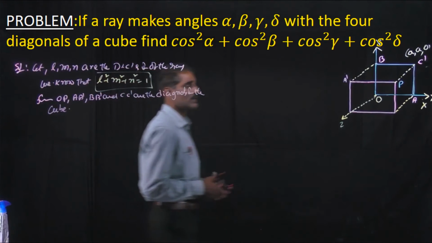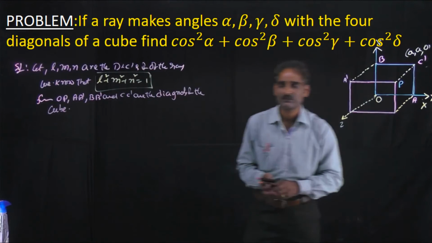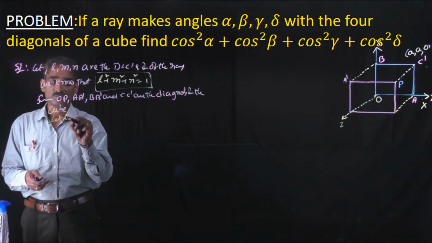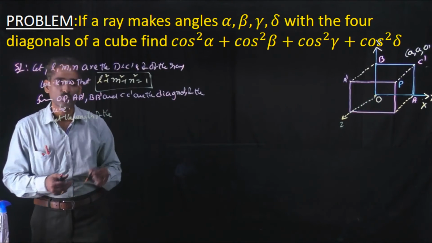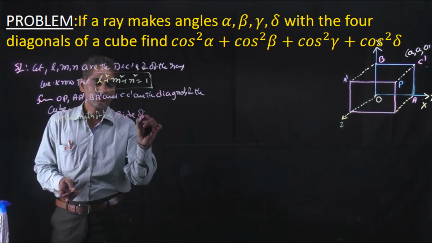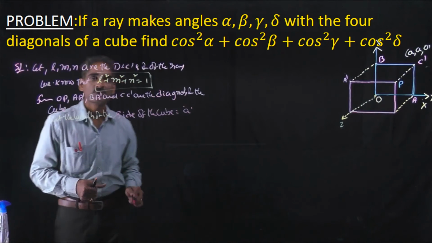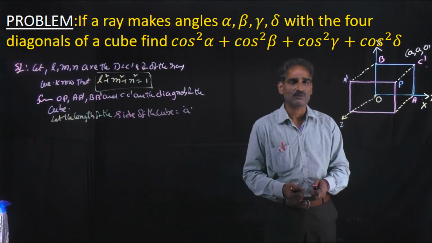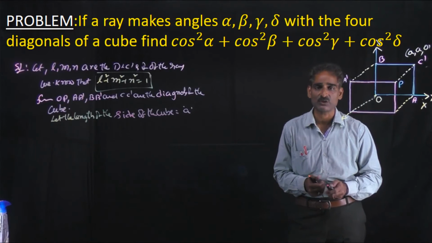Okay, now consider the length of the side of the cube equal to A units. Now here we can write the coordinates of all the points, as already discussed in the previous problem, angle between the diagonals of the cube.